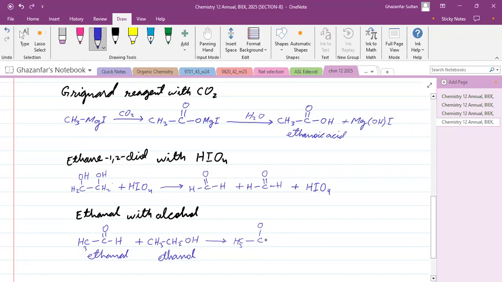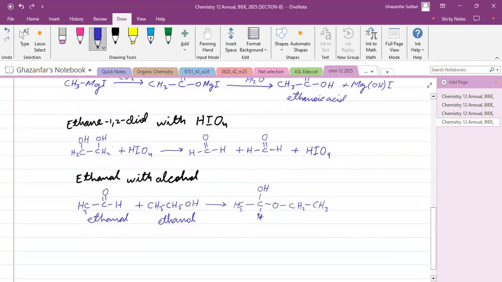In this way, hydrogen remains there, and this oxygen comes from the alcohol, while the hydrogen of the alcohol ultimately transfers to the oxygen atom. So in this way, a compound is formed where the carbon has on one side an ether linkage, on the other side an alcohol linkage, and this molecule is called a hemiacetal.